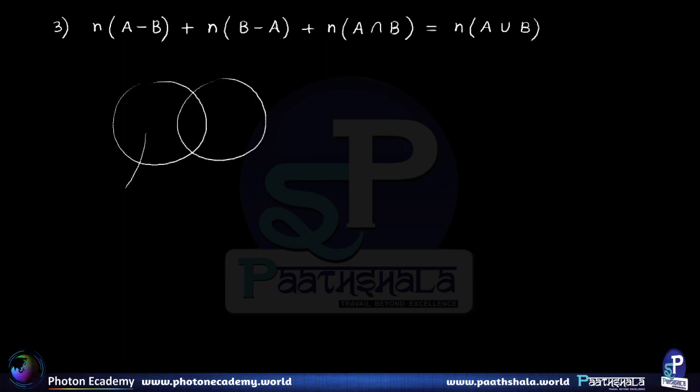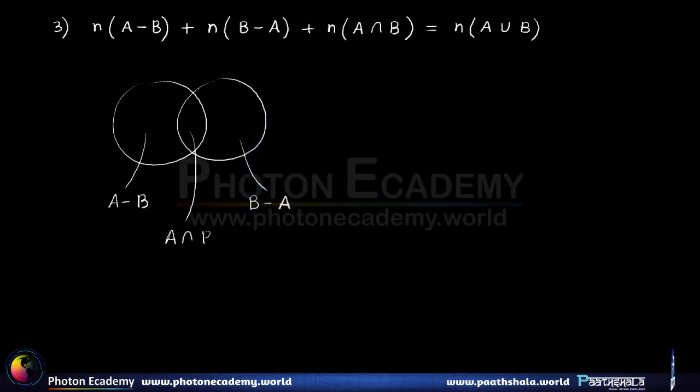We know that this region is A minus B, this region is B minus A, and the middle region is A intersection B. Right? So if we add the three regions, we will get as a whole the region which belongs to the union. So therefore we have the above result.